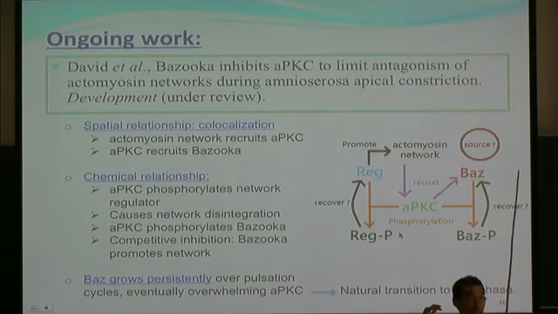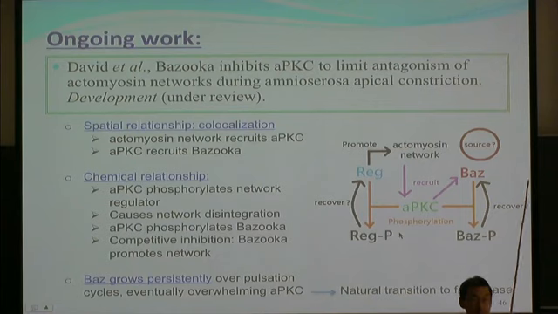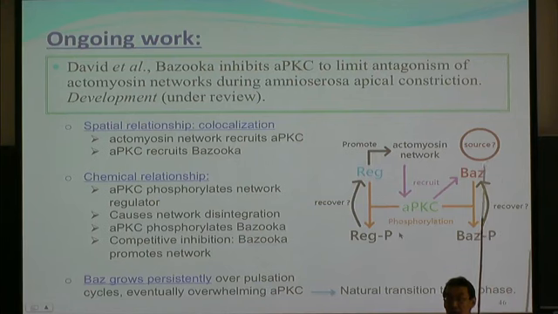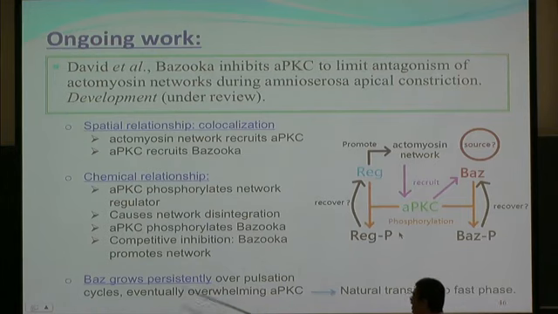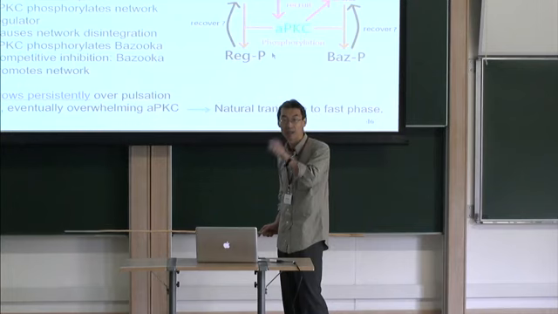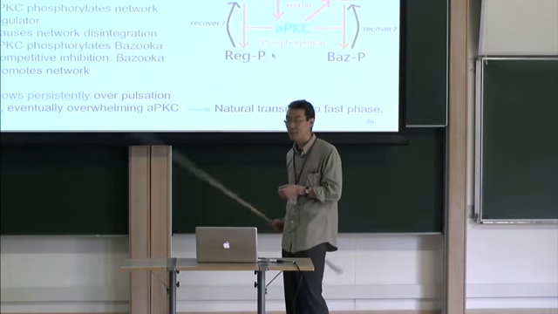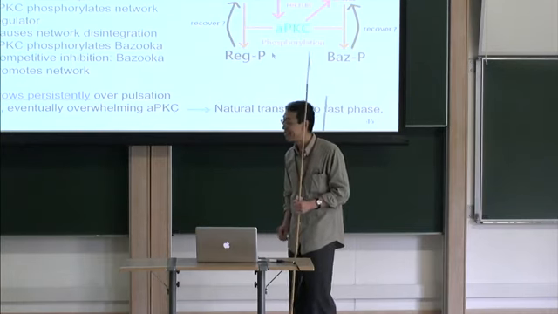If you have an abundance of Bazooka, that would consume so much aPKC as to free up the network regulator to go and promote the network. Just by the ebb and flow of those species, you can imagine a situation where the Bazooka would eventually grow, and you can have a natural sequence of those phenomena. So that's being coded up. Thank you.